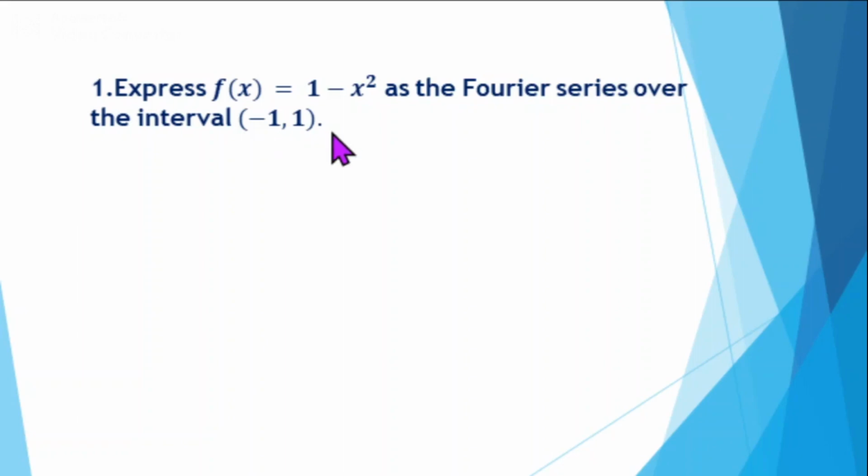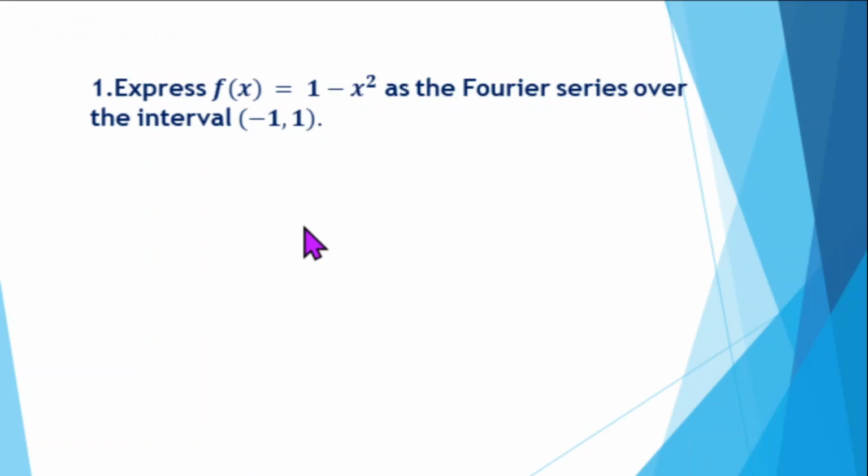Before finding the Fourier series, first find whether the given function is even or odd. If the function is even, then we need not calculate bn, as bn will be 0. And if the function is odd, then a0 will be 0 and an will be 0, and we need to find only bn.